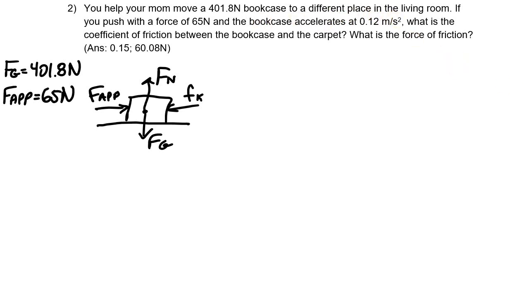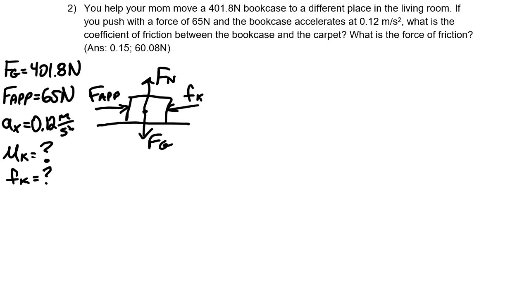It's going to be in the x direction, right? And it's asking us, what is the coefficient of friction between the bookcase and the carpet? And what is the force of friction? Once again, we do know that we're dealing with kinetic friction considering the idea that the object is moving.